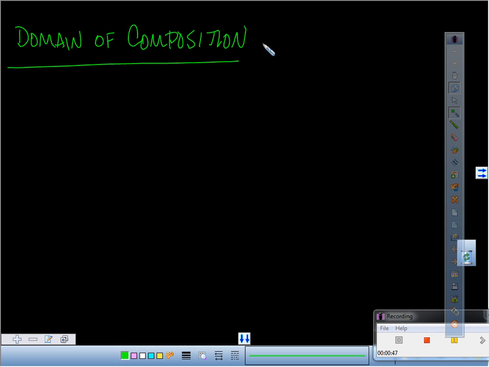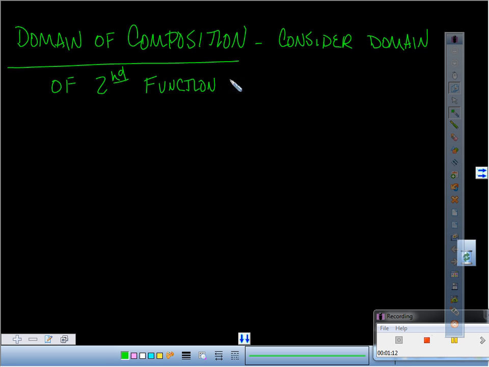When you look at the domain of a composition, you only have to consider the domain of the second function and the composite. The composite is the one that you get, your answer. The domain of the second function and the composite. All right?